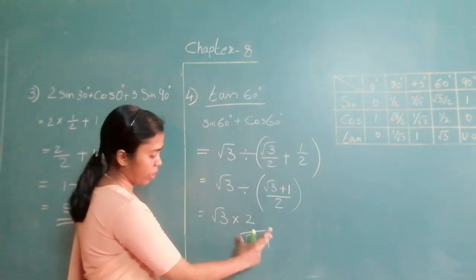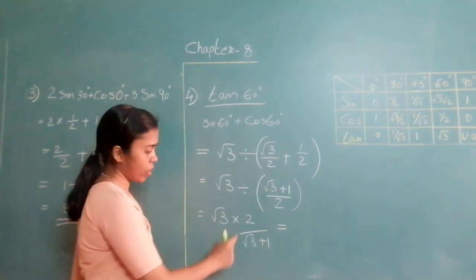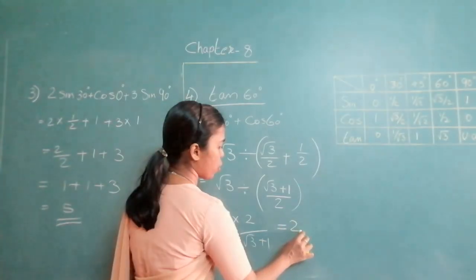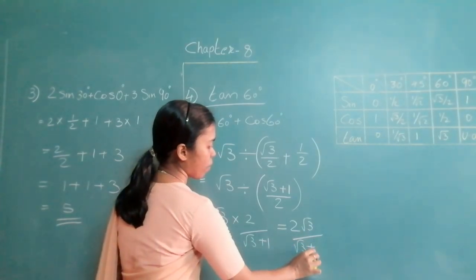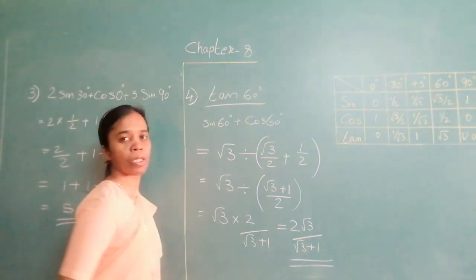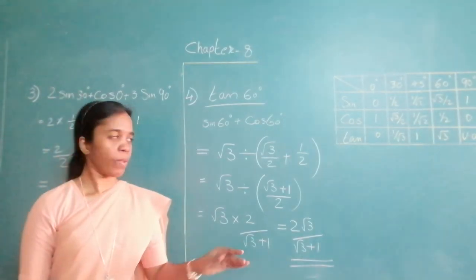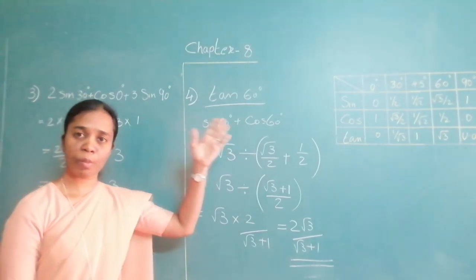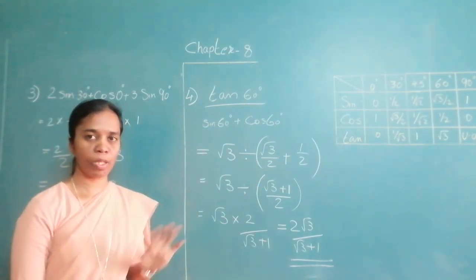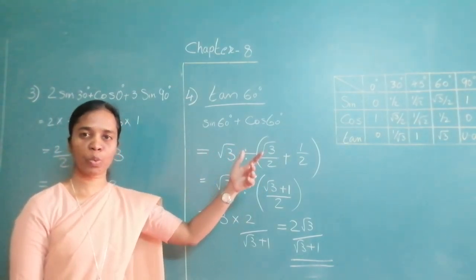Again, this is only for this part. So, just multiply the numerator with this. So, 2 root 3 upon root 3 plus 1 remains here. Please remember, whenever the angle measures are from the table, directly substitute them. That's all. And if it is a square, find the value first and then square it.